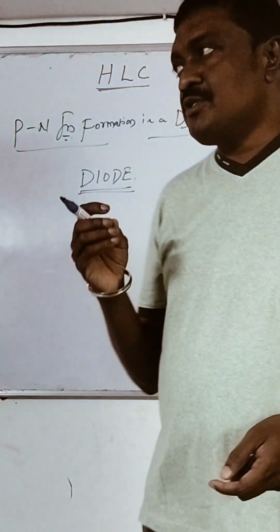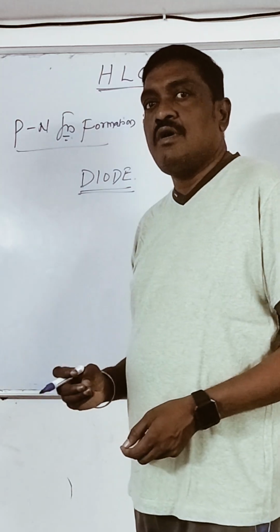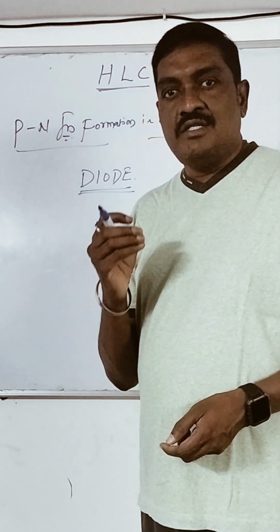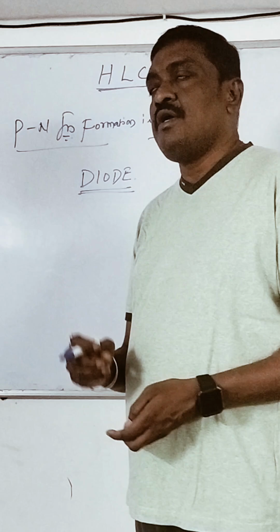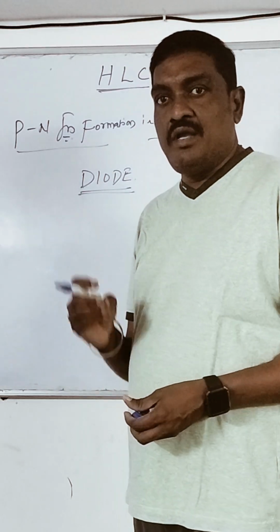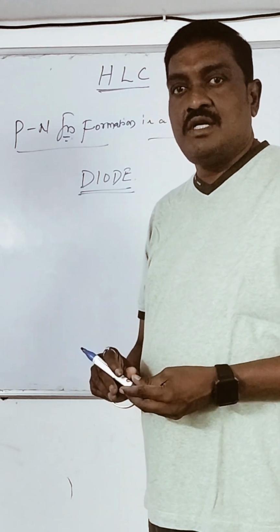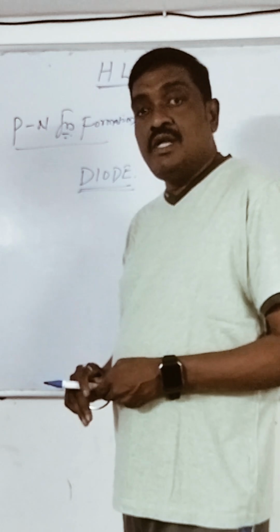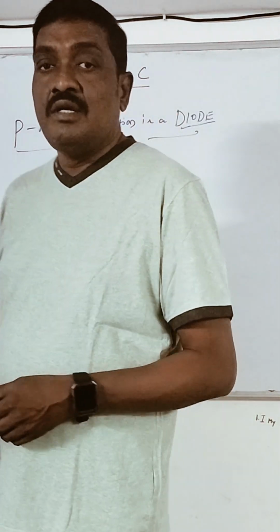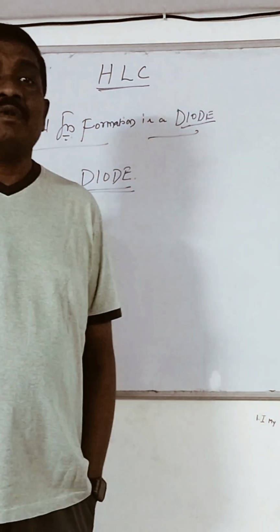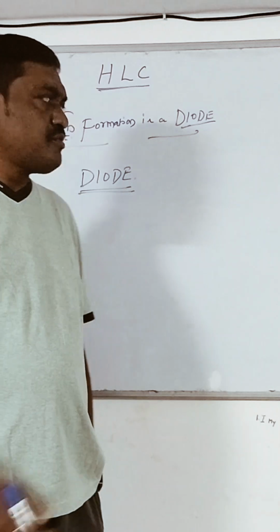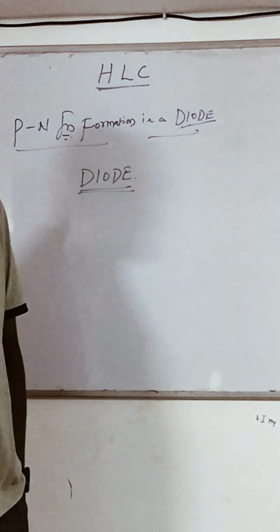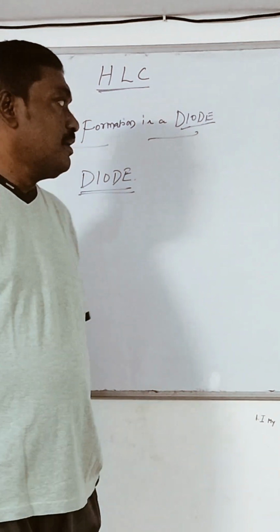We have different types of diodes, right? PN junction diode is one part of that, and we know Zener diode, Varactor diode, Tunnel diode, LED (light emitting diode), and photodiode. There are various types of diodes we are studying in our subject.